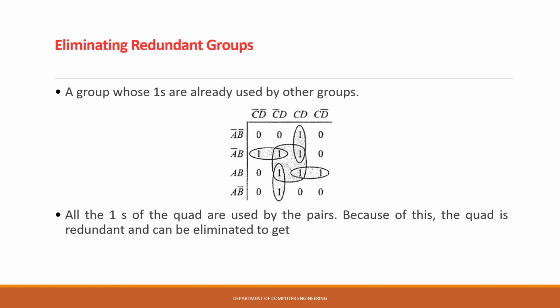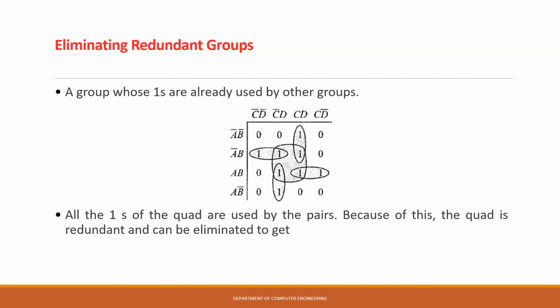But that particular chord group is called as the redundant group because from the chord each one is already engaged in adjacent groups either in horizontal pair or in vertical pair. That's why this chord is the redundant group.